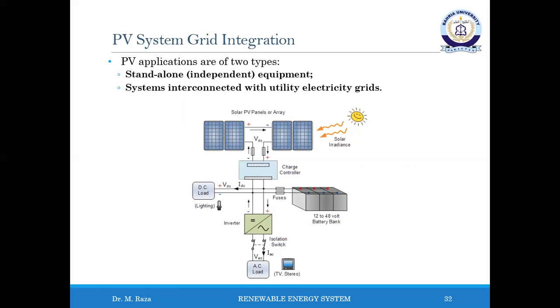To extend battery lifetime and for efficient system operation, a charge controller is needed to regulate the flow of electricity from the PV module to the battery and the load. The controller keeps the battery fully charged without overcharging it. Many controllers have the ability to sense the excess of electricity drawn from the battery to the load and stop the flow until sufficient charge is restored to the batteries.